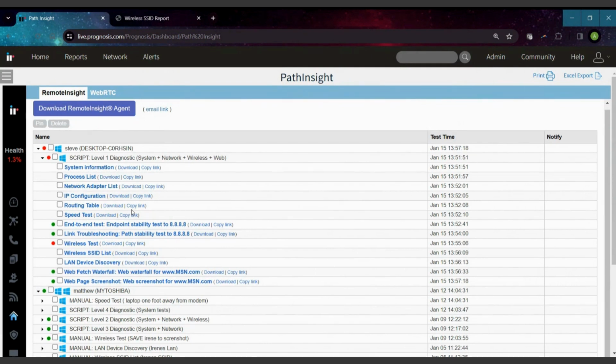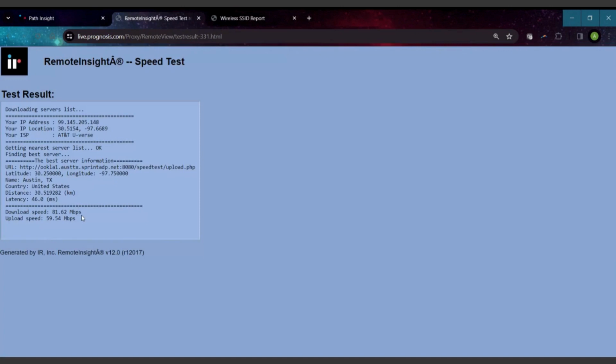What they started doing was more tests in terms of the actual network on the agent side before putting them into the queue. So they did some speed tests on the agent side to see what their actual speed was versus what it said on their bill or from their ISP.